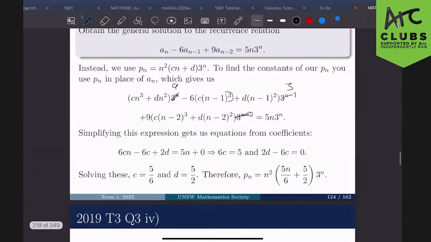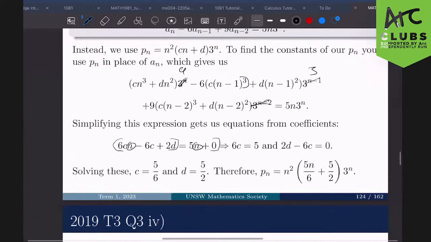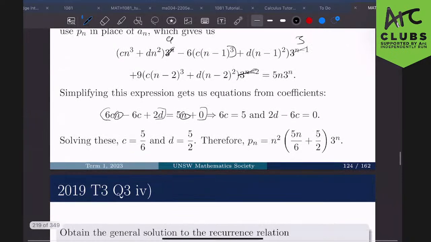And then eventually it simplifies all nicely into this, and hopefully you've learned the technique of equating coefficients. You can see the n term here is 5 and 6c on the other side, and eventually we can just solve these simultaneous equations and sub back in, and we found our particular solution.